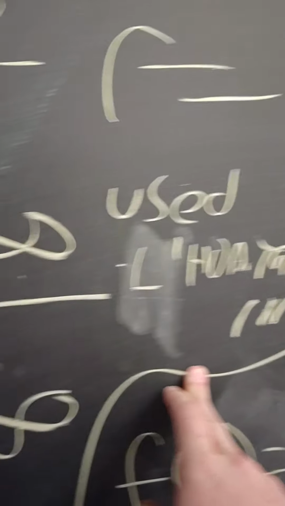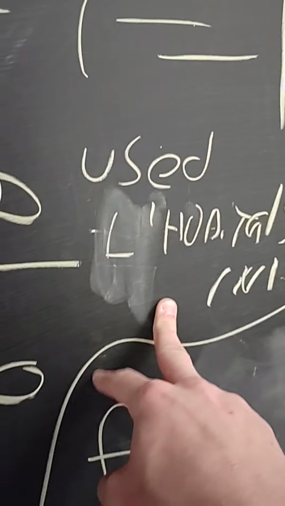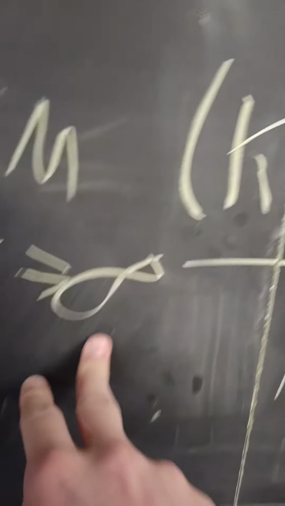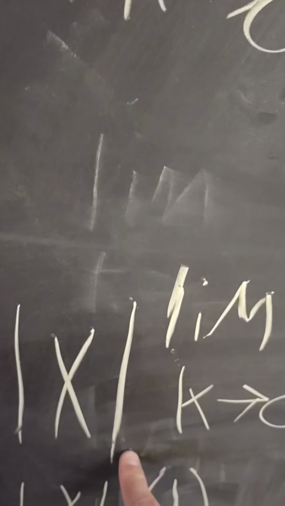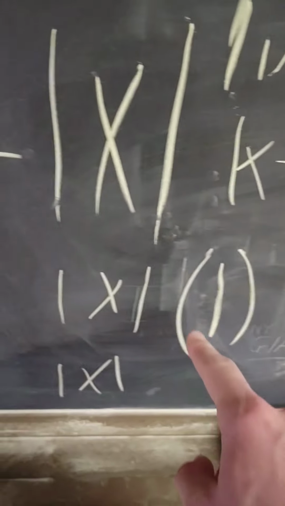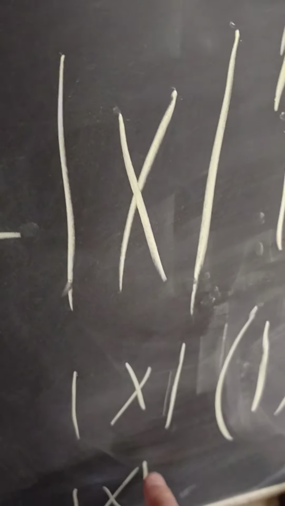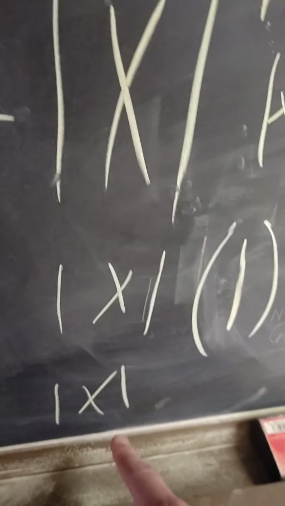We use L'Hopital's rule, because it's infinity over infinity. Then we just have the absolute value of x left. The limit as k approaches infinity of the absolute value of x times 1 is just the absolute value of x.